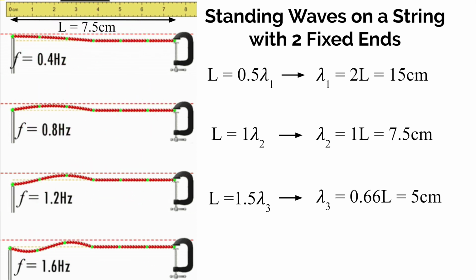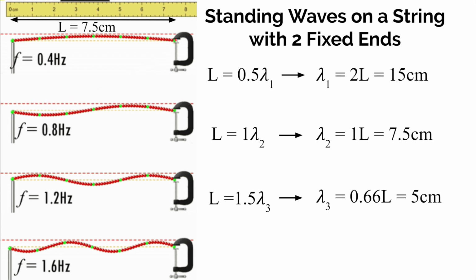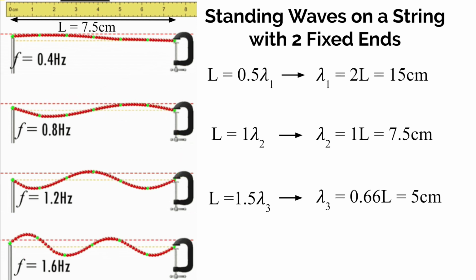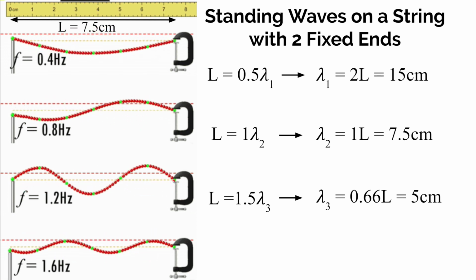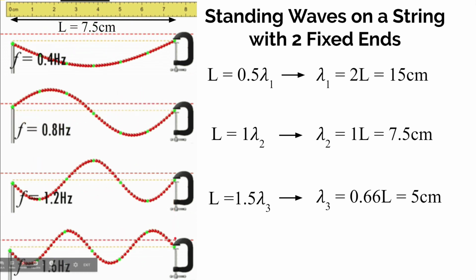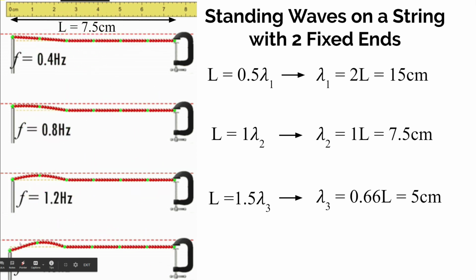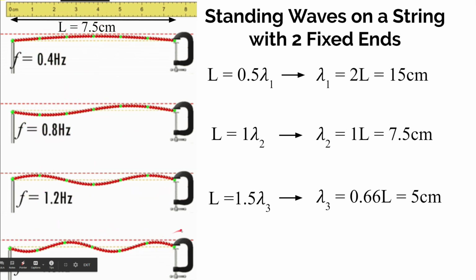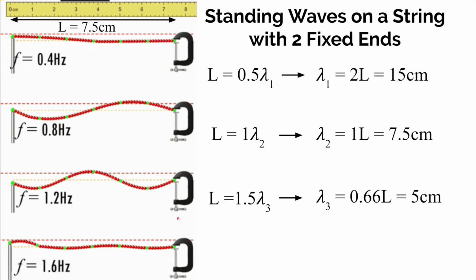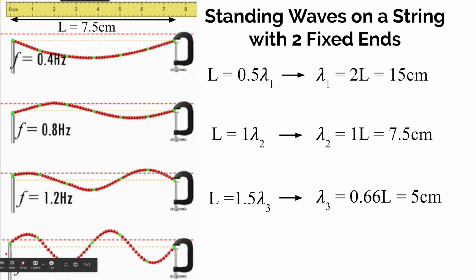So what's the next possible standing wave? Well, we had 2 nodes evenly spaced, 3 nodes evenly spaced, 4 nodes evenly spaced. The next one will likely have 5 evenly spaced nodes. So we have 1, 2, 3, 4, and 5. That's the case. So how big of a wavelength is needed here? Well, how many waves fit in this length?